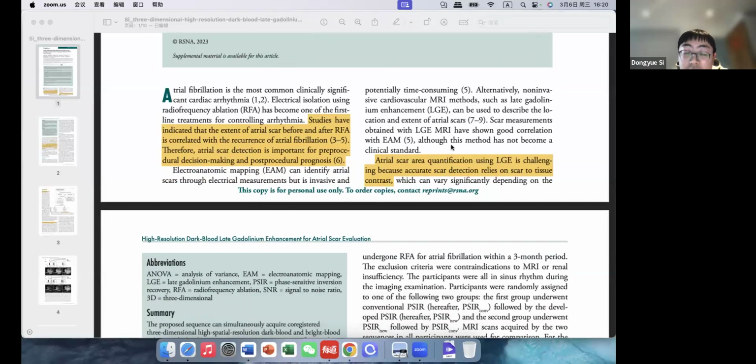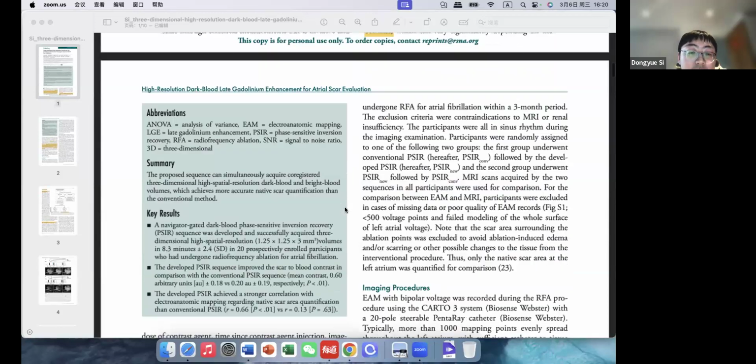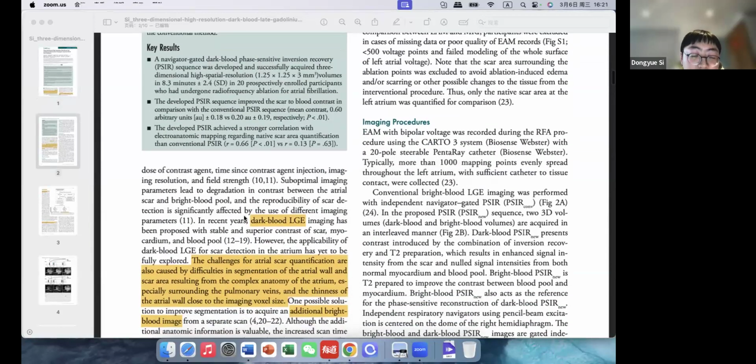However, detecting the atrial scar with LGE is challenging, mostly due to two factors. First is the tissue contrast. This can vary significantly depending on different parameters such as the contrast agent dose, the imaging time since contrast agent injection, image resolution, and field strength.